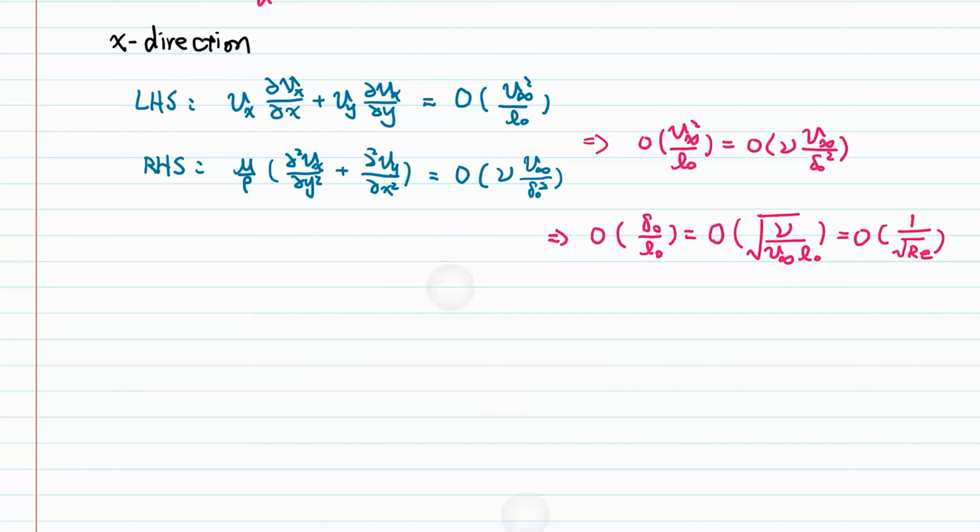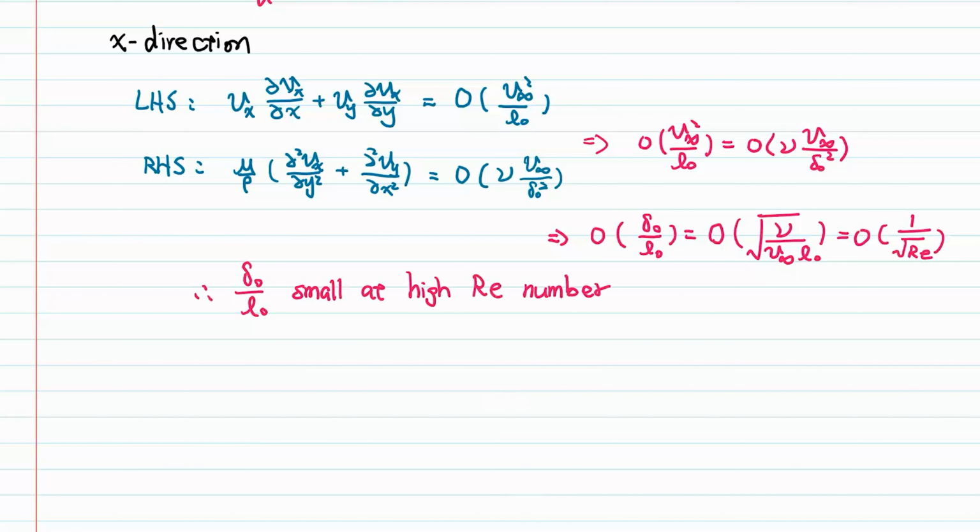It shows that the ratio between the boundary layer thickness and the linear dimension of the submerged body will be very small at high Reynolds number.